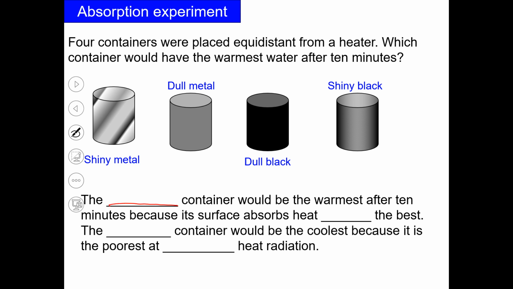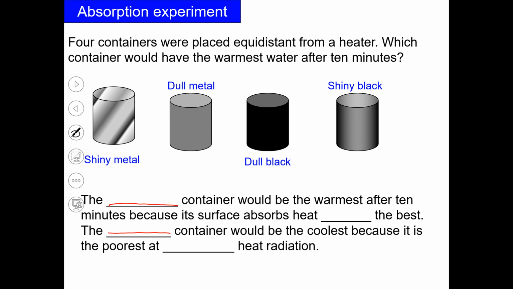The answer: which container would be the warmest after 10 minutes because its surface absorbs heat the best? And which container would be the coolest because it is poorest at absorbing heat radiation? We have 5 seconds.